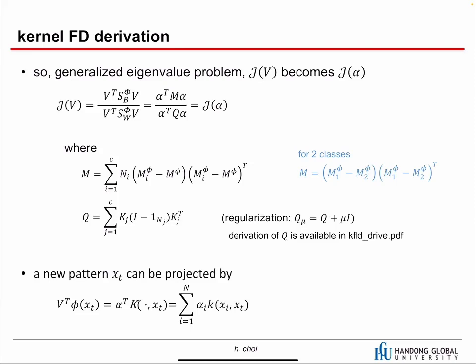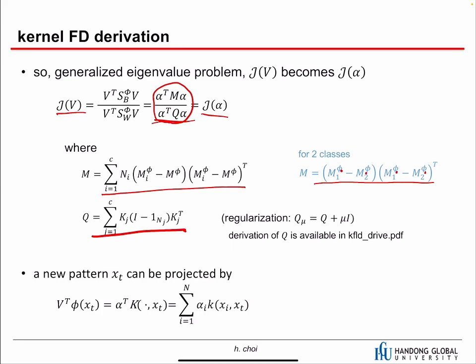And now we have a dual representation of this objective function, and then we have to find alpha. Okay, and alpha comes from a generalized eigenvalue problem from this Rayleigh quotient, and M is like this and Q is like this. And for two classes, this one is quite the same as just linear discriminant analysis, except this phi, right?